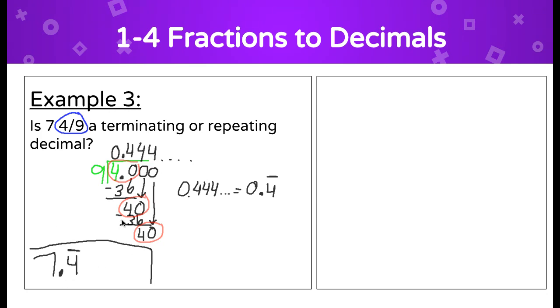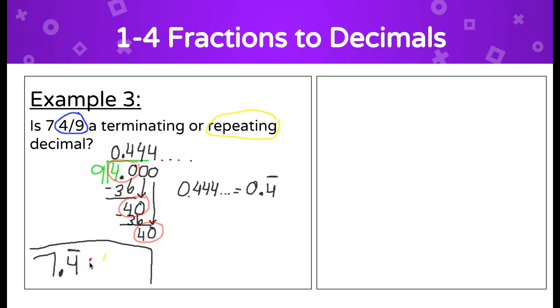What kind of decimal is it? Well, this decimal is actually repeating, because the decimal 4 continues to repeat.